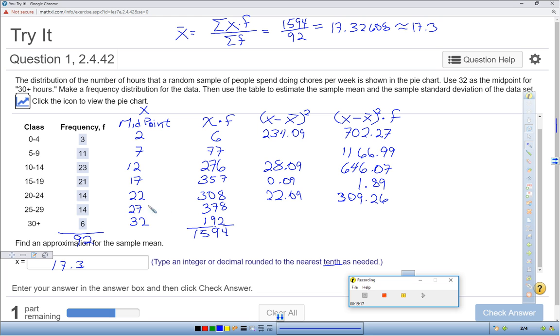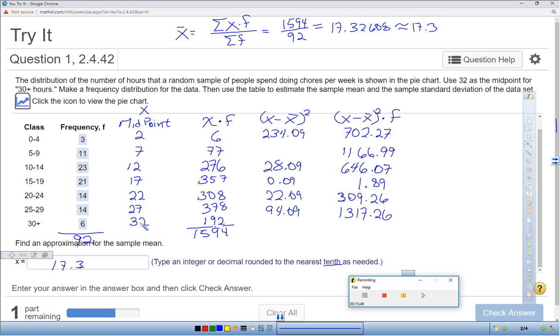Next one is the midpoint 27 minus the mean 17.3. Now take the square, which is 94.09, and then multiply by the frequency, 14, so I got 1,317.26.